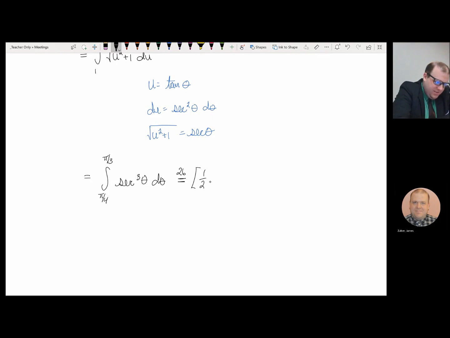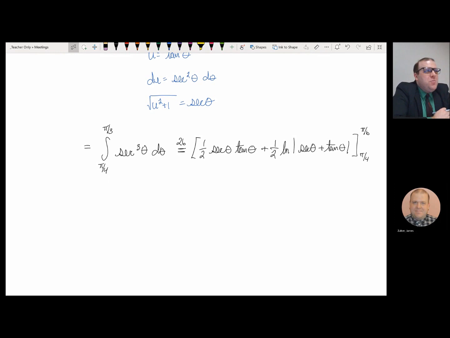One half secant theta tangent theta plus a half log of the absolute value of secant plus tangent, evaluated from pi over 4 to pi over 6.